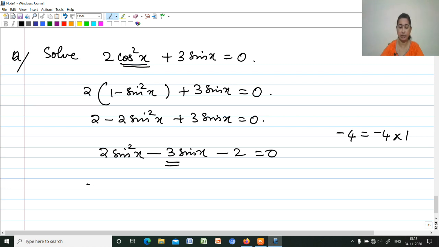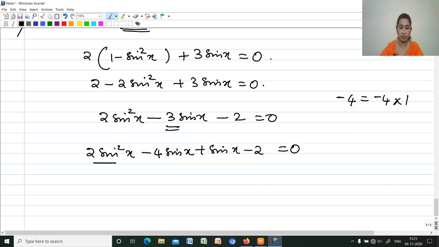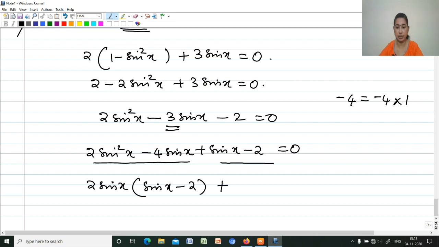So we can split this as 2 sin square x minus 4 sin x plus sin x minus 2 equal to 0. Common terms taking out. From the first 2 taking 2 sin x outside, remaining sin x minus 2. And last term is sin x minus 2 itself equal to 0.